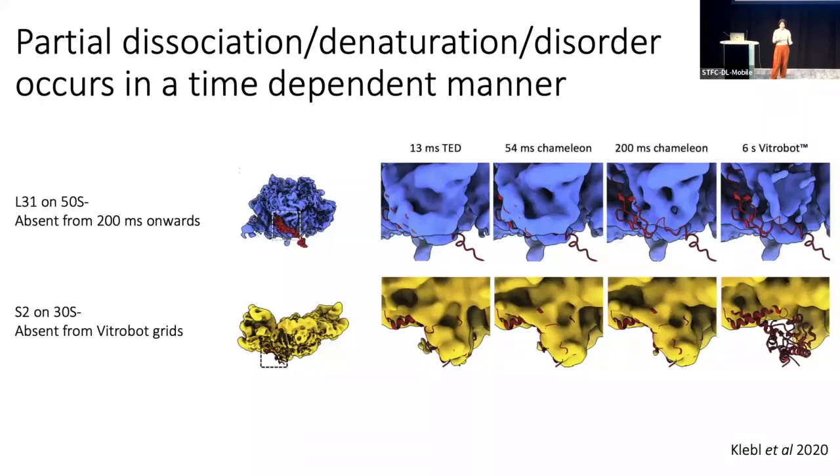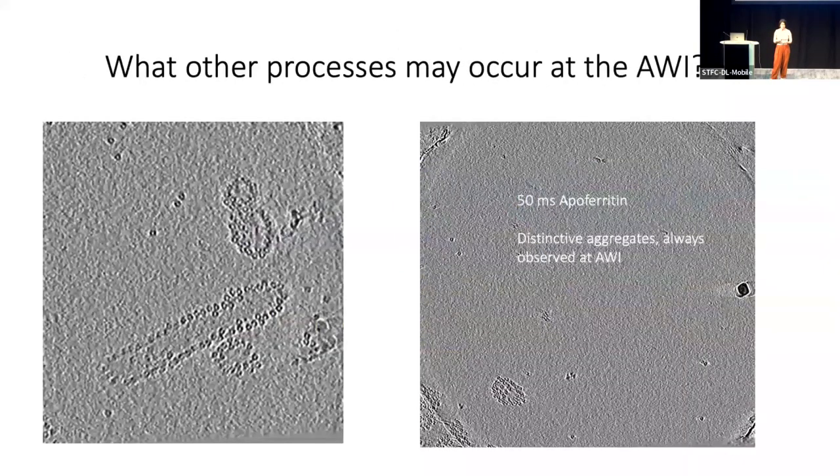So we know that these air-water interface interactions are causing impacts which are essentially, I guess, harming our structure determination process. And I think that the ones I've just described are probably pretty well understood in this room now, which is great. But basically, we got thinking what other processes might be happening at the air-water interface that maybe we haven't fully considered yet.